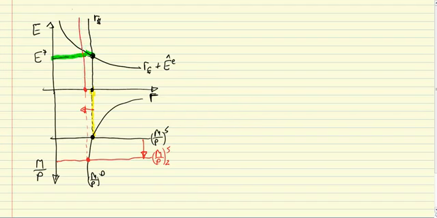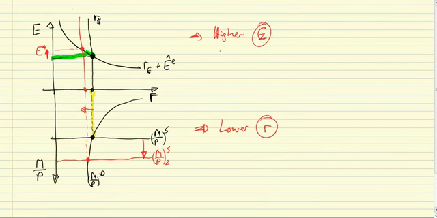That translates then to the upper part of the diagram, and we see that we get a new intersection here with a new E star that is higher than the initial one, so that we have a lower R and a higher E, which means, of course, more depreciated, since a higher E means the dollar price of €1 has gone up. More dollars need to be paid for every euro.